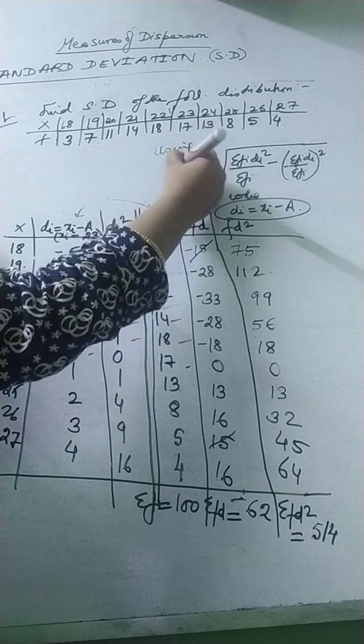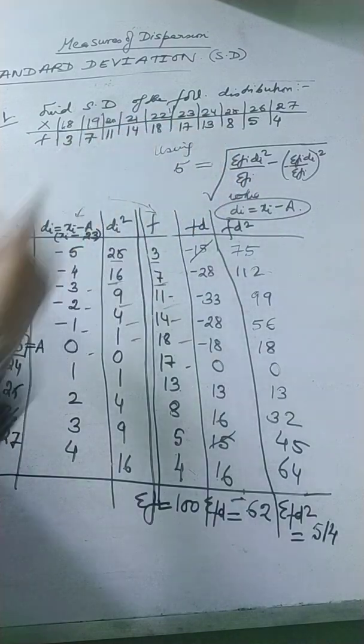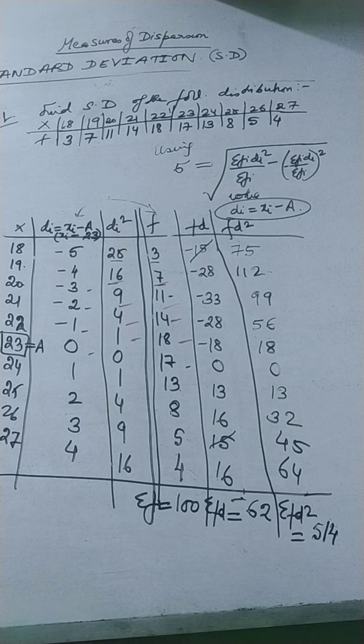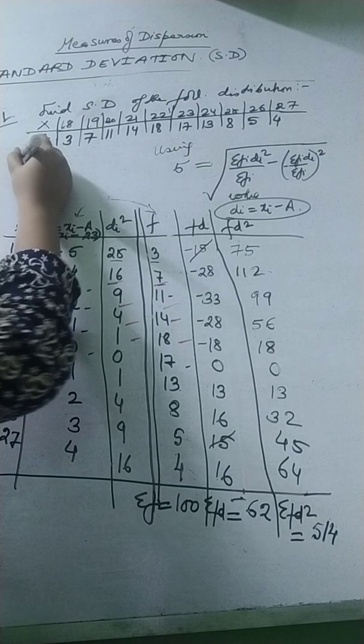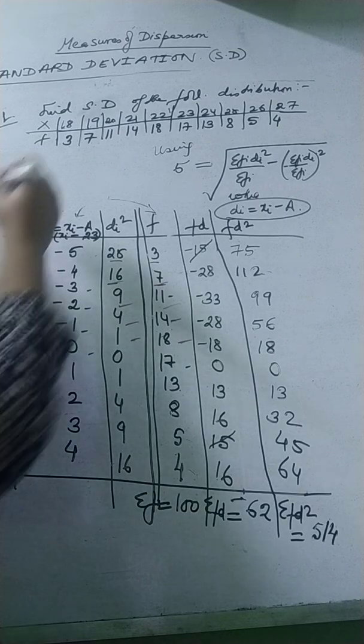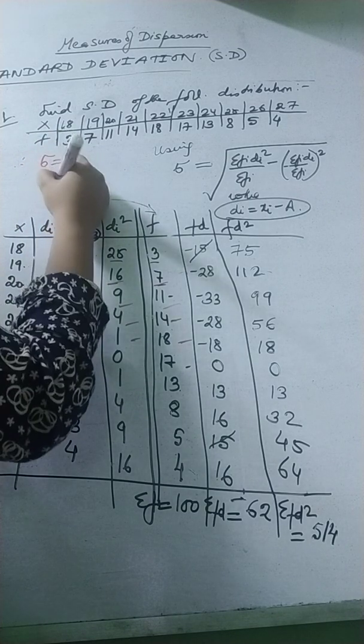Sigma is equal to root over of summation FIDI square by summation FI minus summation FIDI by summation FI whole square. What do I get? Let me put the values. Is there enough space? Yes, you can see. Sigma is equal to root over.